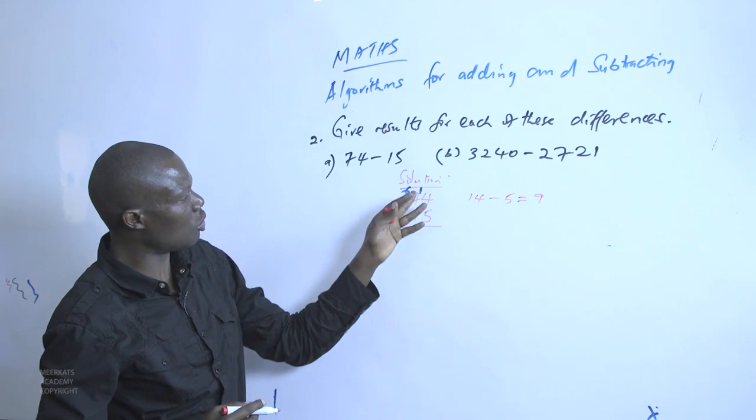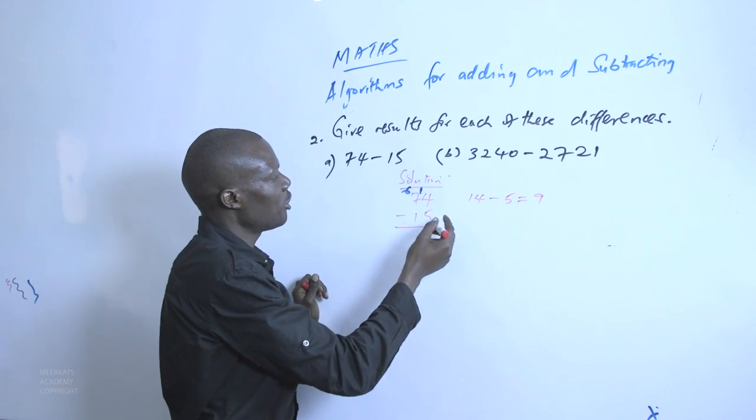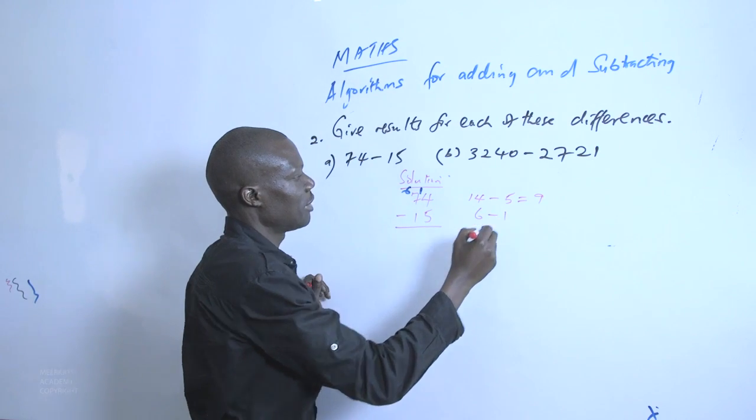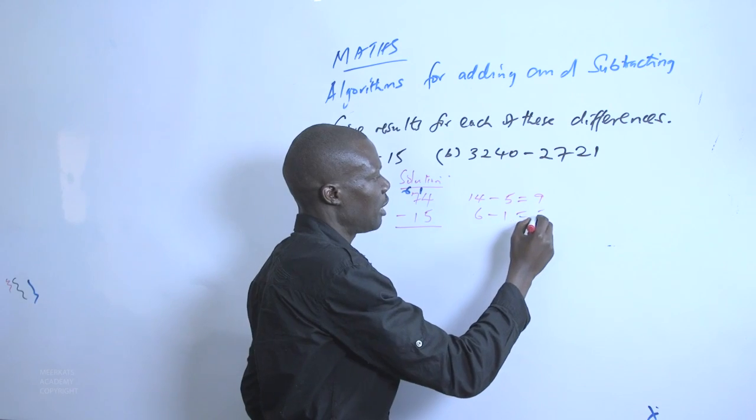Take note that we borrowed 1 from the next column. What remains here, we are now going to have 6 minus 1, which gives us 5.